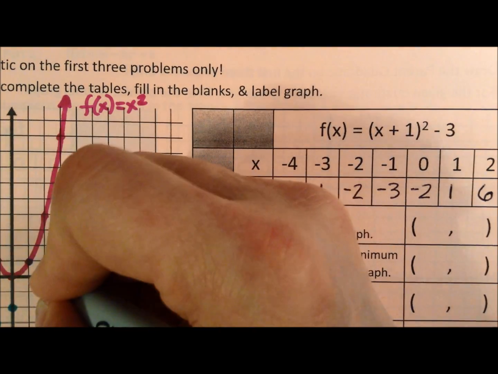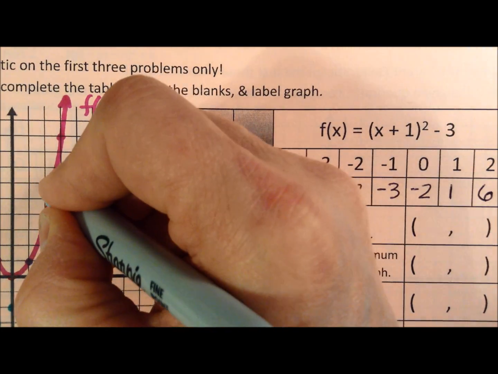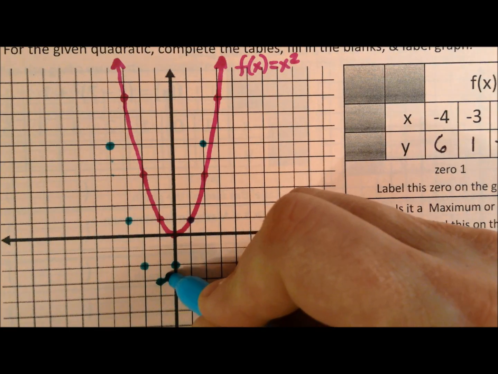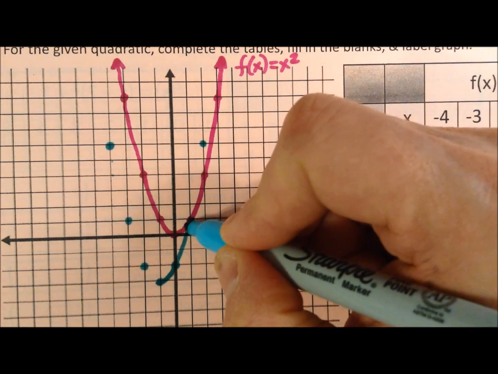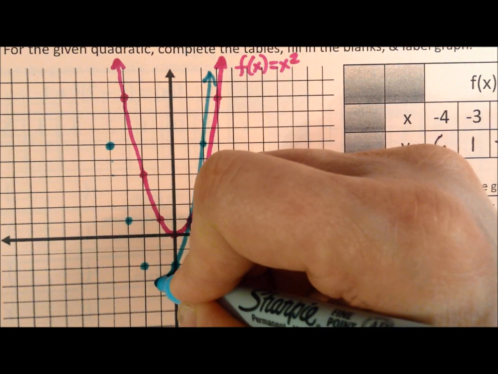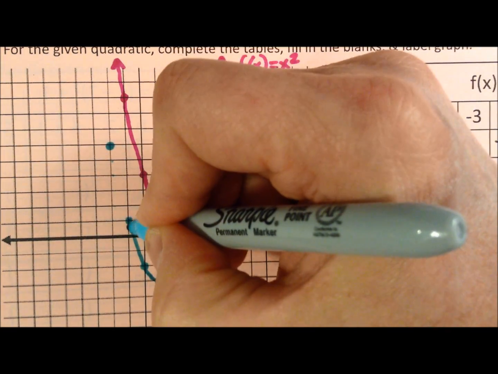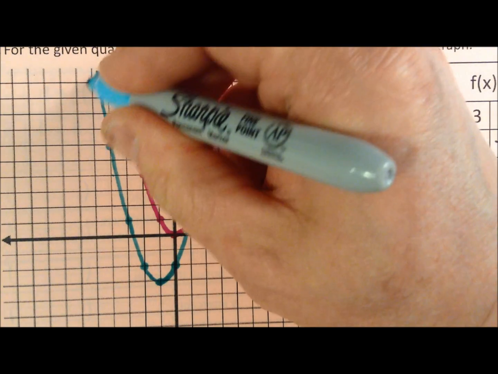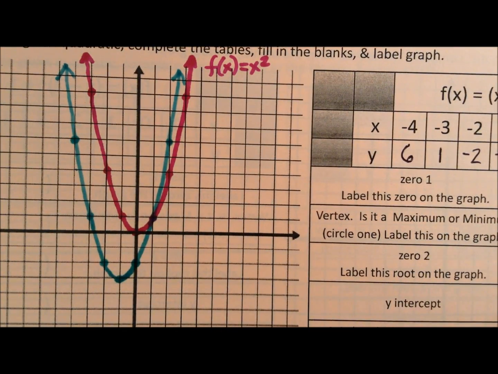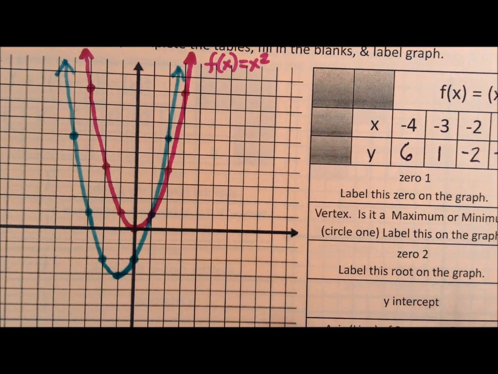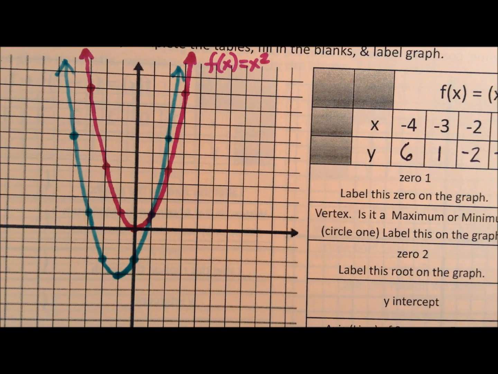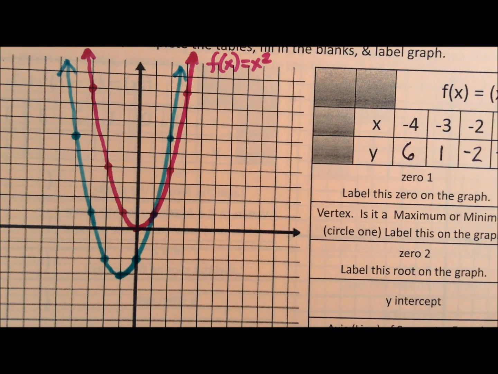And I've got 2, 6. So now, if we graph this very carefully, what happened? From red to, I don't know, what color is this? Light blue. Doesn't look light blue on the paper.